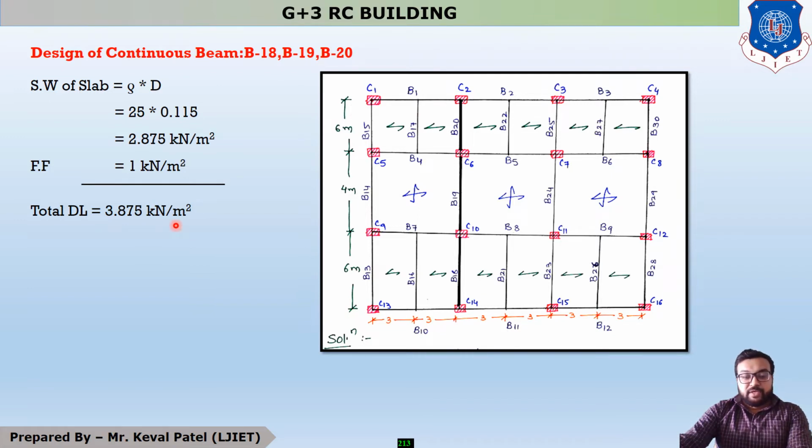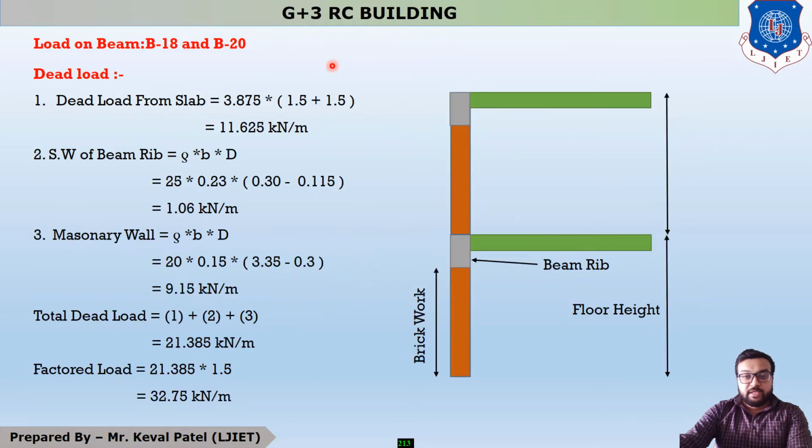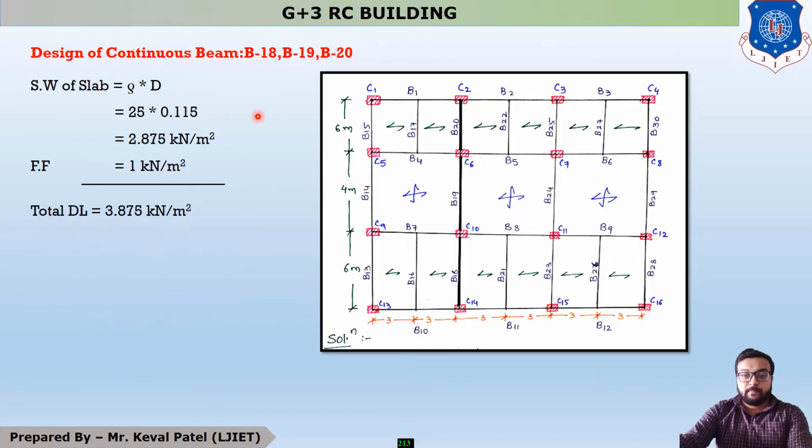Now we are moving further to the load calculation on beam B18, which is equal to beam B20. So students, there are four major loads, in which the first two loads are 3.875 kilonewton per meter square. But it is already discussed that from the 3 meter span, 1.5 meter is from the left side and 1.5 meter from the right side.